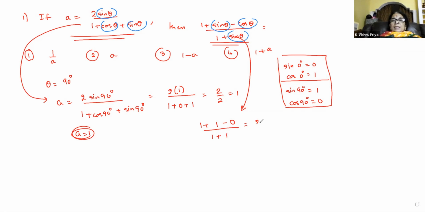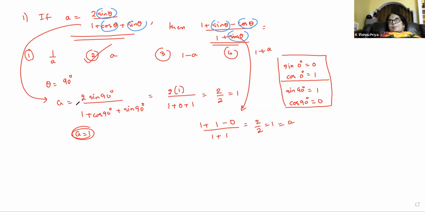So I am getting 2 by 2. That is 1. And it is same as A. A is 1 and I got 1. So the answer is A.